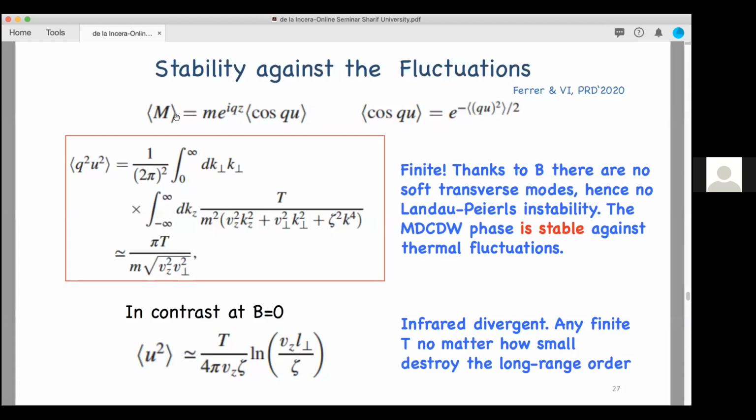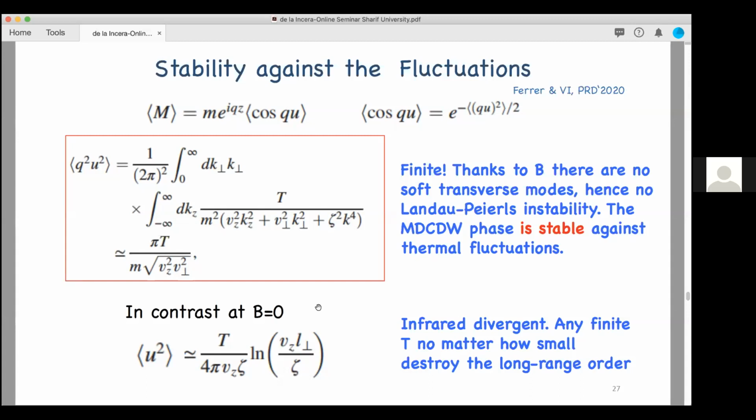And both of them make this B perpendicular different from 0, and therefore a finite long range order. Okay? So this is the first test that I said. It passed the test. The MDCDW phase is stable at relatively low temperature because there is no Landau-Peierls instability.